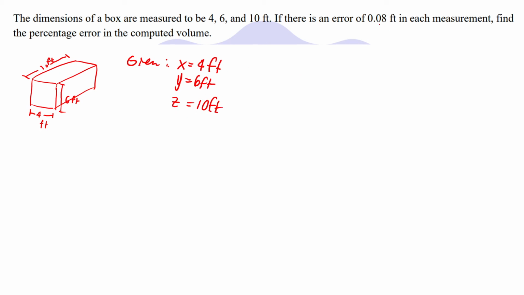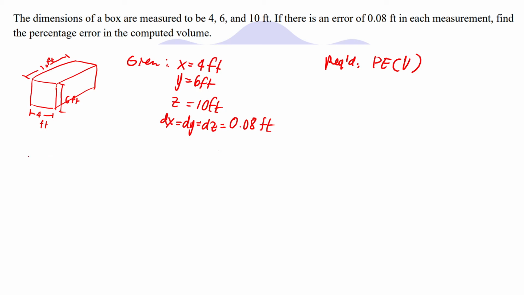Then, if there is an error of 0.08 feet in each measurement, meaning dx is equal to dy is equal to dz is equal to 0.08 feet. Required: percentage error of volume.